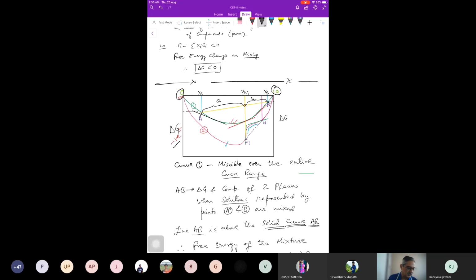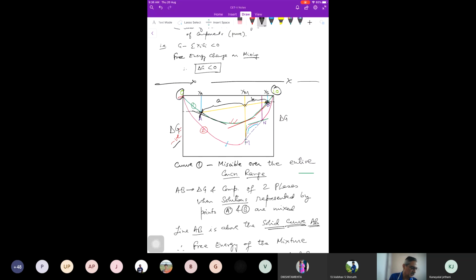so delta G and composition of two phases when solutions represented by points A and B are mixed together. So when you mix together, say suppose you take one composition, this one, XA mole fraction of component 1 and XB mole fraction of component 1 in the second solution, and we mix the two. Suppose I take ethanol water, 10% ethanol water and 90% ethanol water, right?